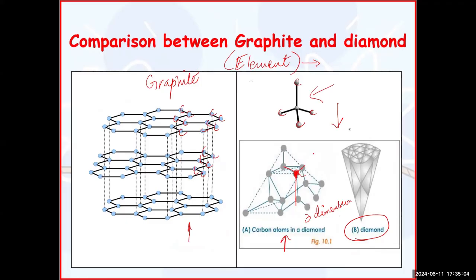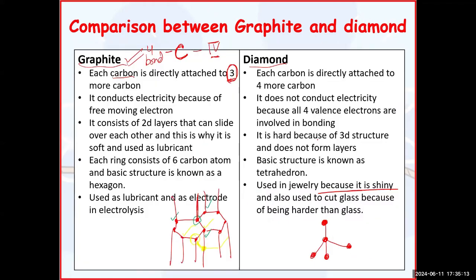Hence it has no free bond and is making a very tough and hard structure which cannot move because of no free electrons. It cannot move in any direction. So the first thing that you should know about the structure is each carbon in diamond is directly attached to 4 more carbons, and in graphite each carbon is directly attached to 3 more carbons.